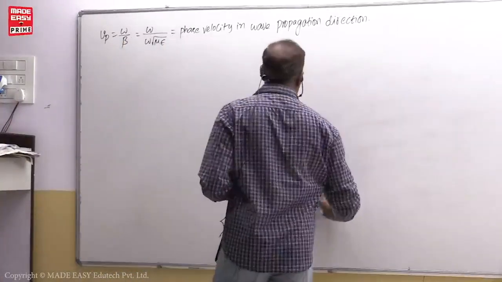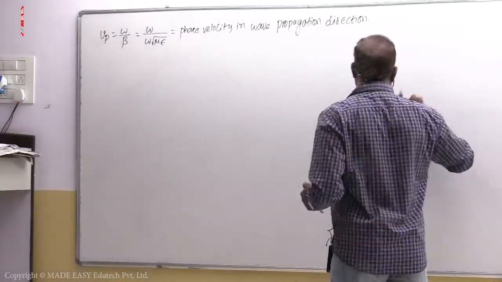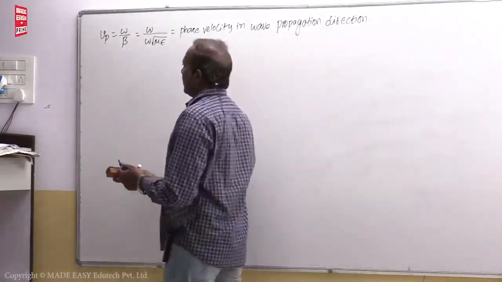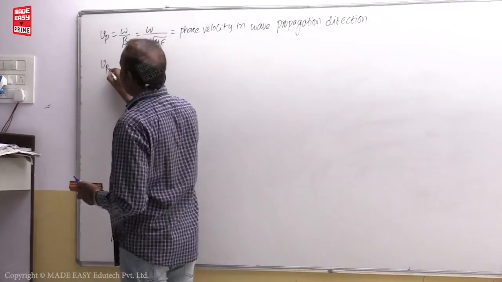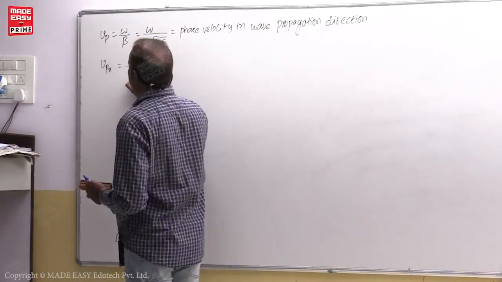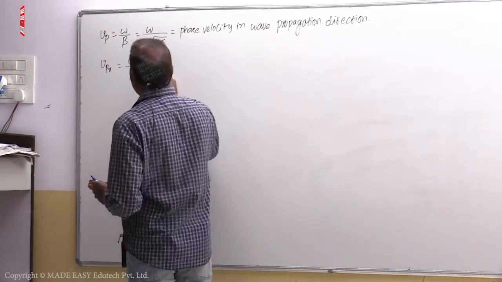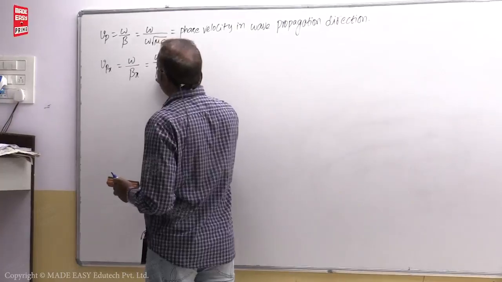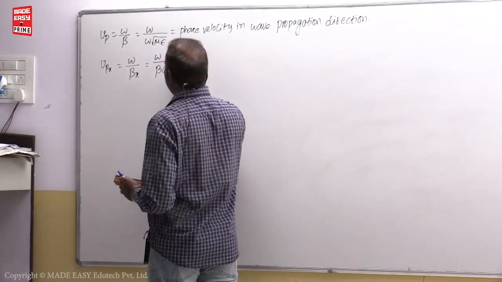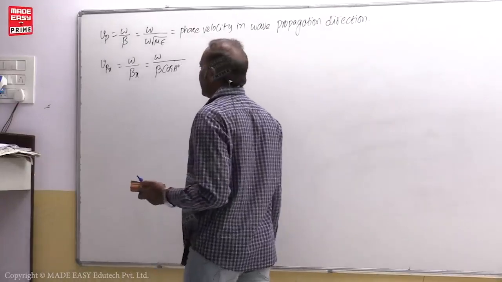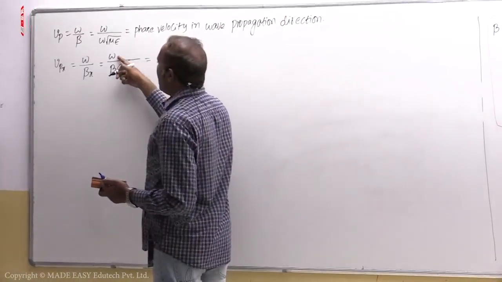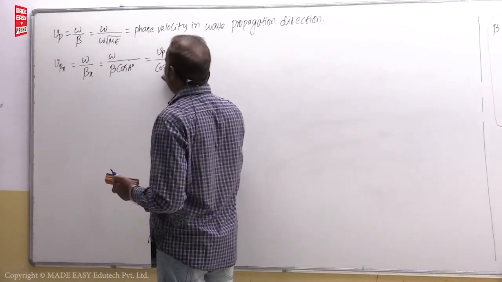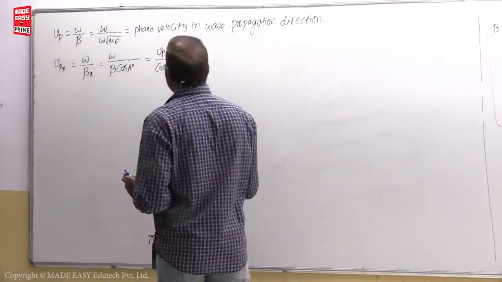Vpx means phase velocity in the x direction. Vpx means omega by beta x. So omega divided by beta x is nothing but omega by beta cos A degrees. Now omega by beta becomes what? The phase velocity in the wave propagation direction divided by cos A degrees.